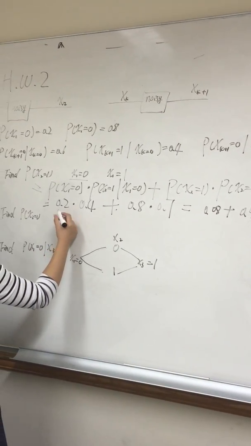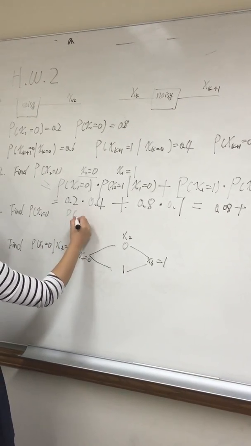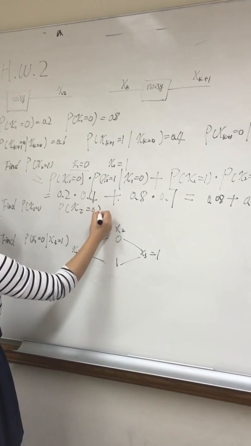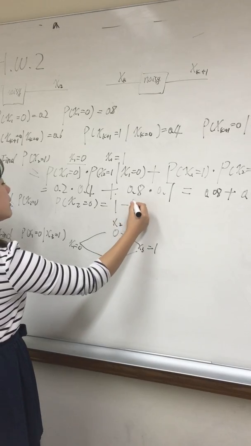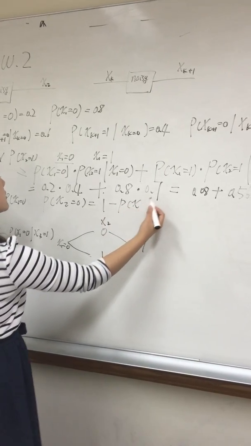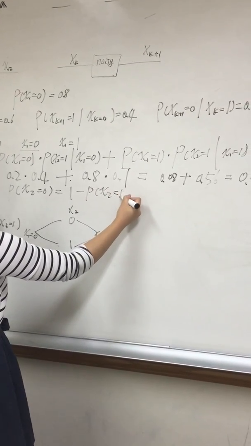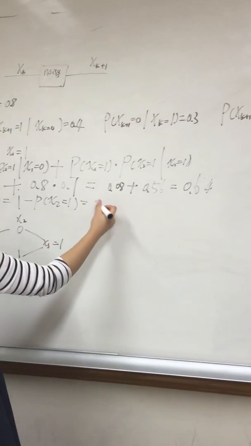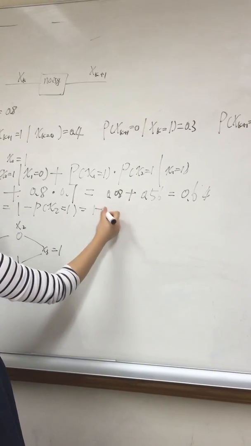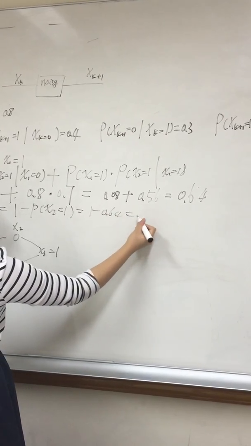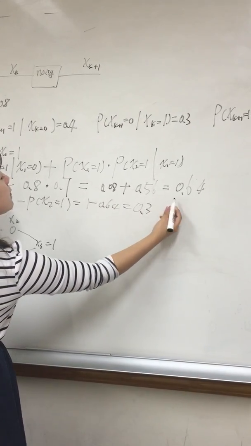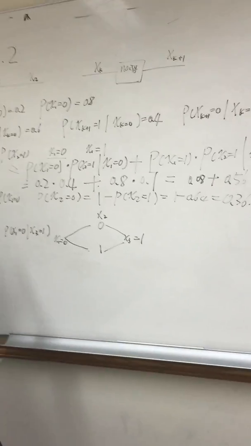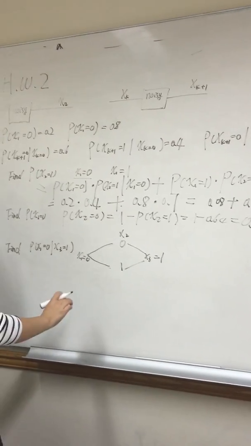Then the probability of x2 equals 0 is 1 minus the probability x2 equals 1, which equals 0.36.